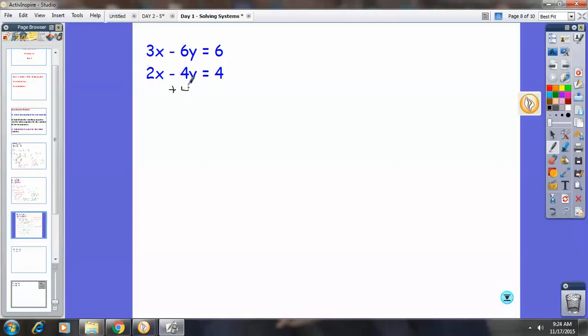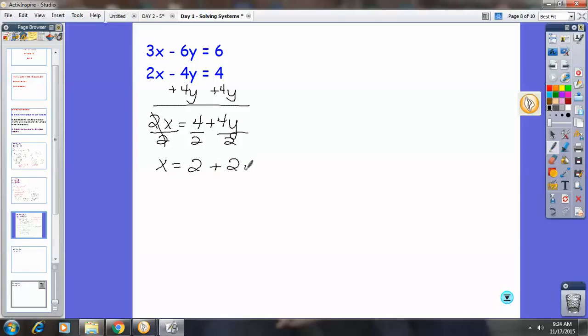We'll start by adding 4y. So 2x equals 4 plus 4y. Divide by 2. 4 divided by 2 is 2, and 4y divided by 2 is 2y. So 2 plus 2y is what I'm going to substitute.